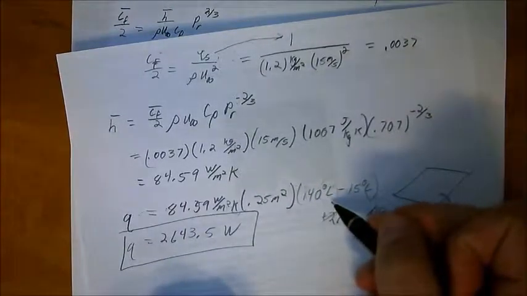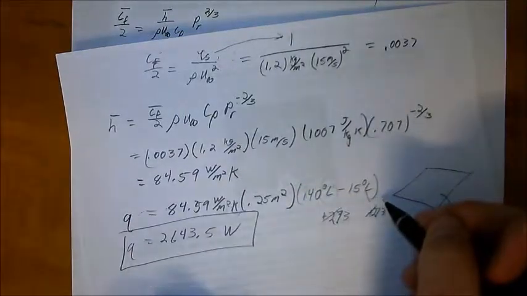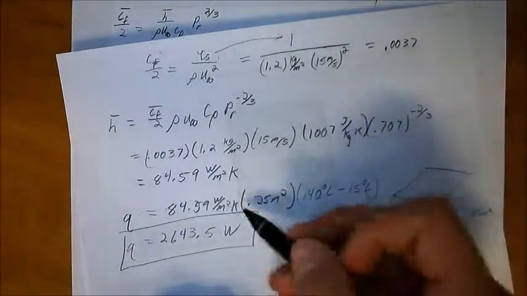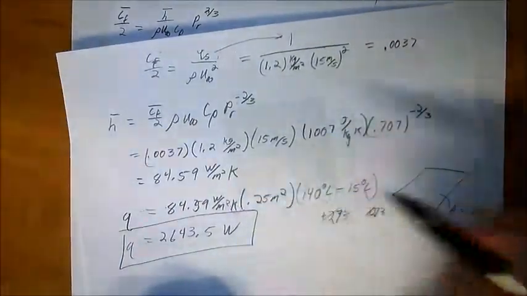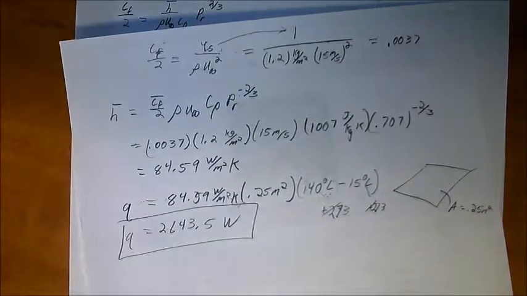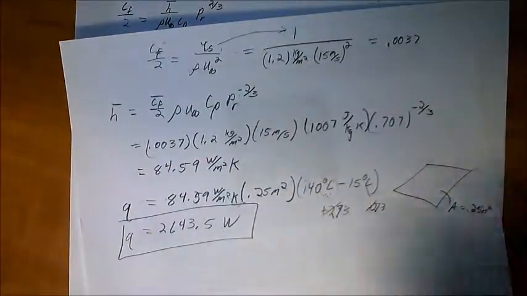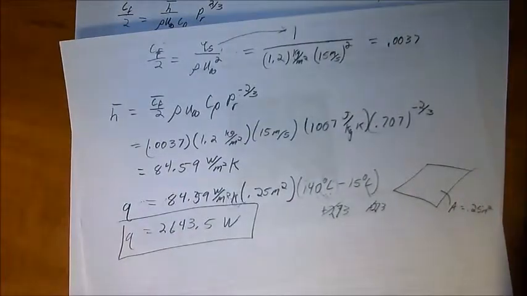So you can go ahead and use Celsius when you have a difference, not when you're multiplying or dividing. If I was multiplying over here, then I would have to convert this to Kelvin in order to cancel this. And there you go. That's how you figure out the heat transfer rate for a plate in a convected flow that has a Reynolds number associated with it.